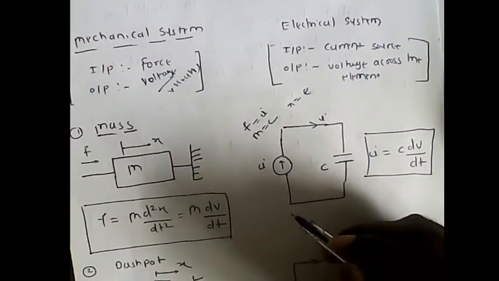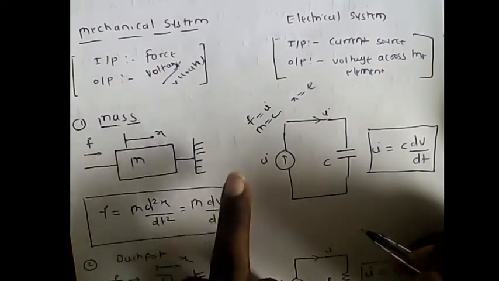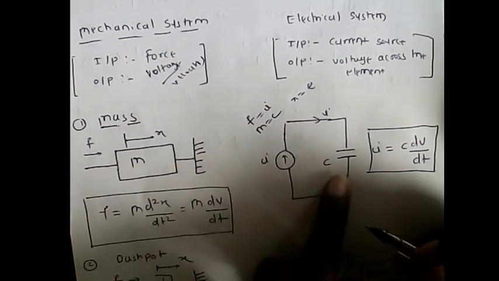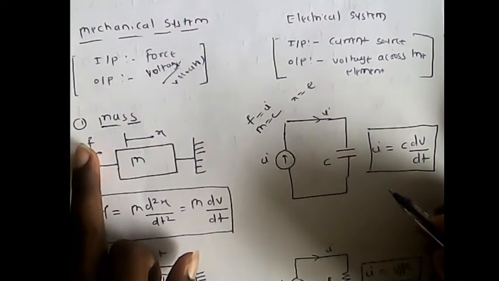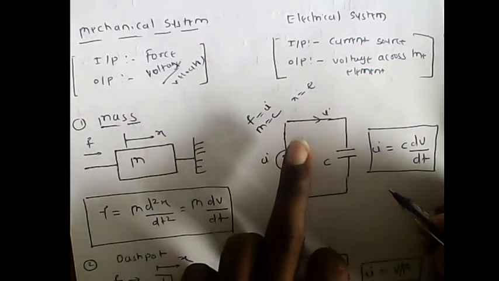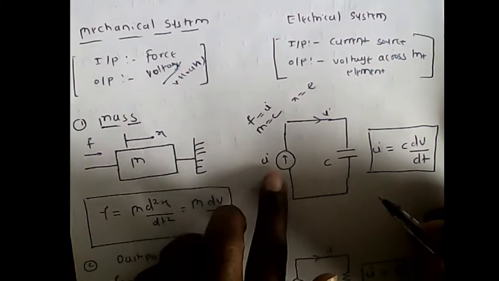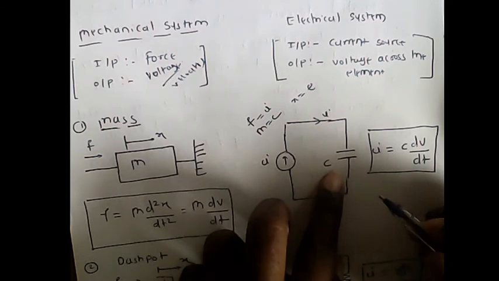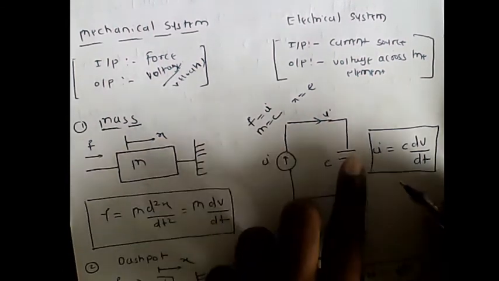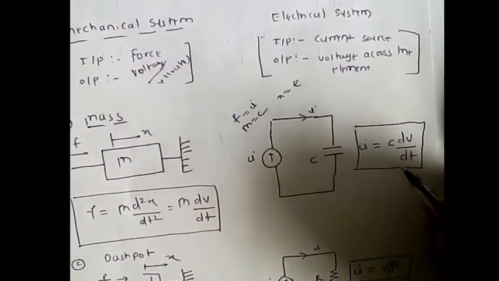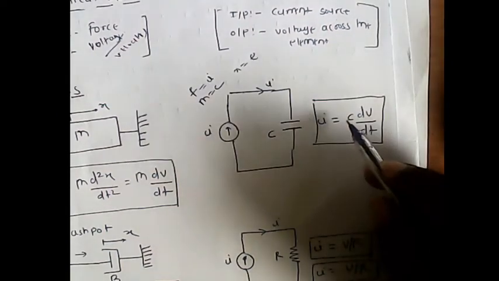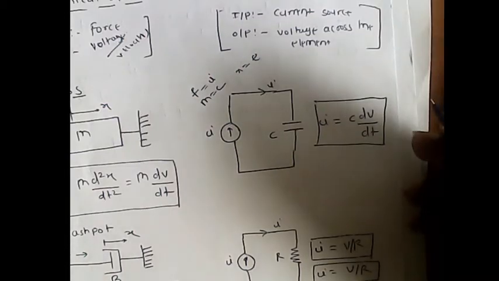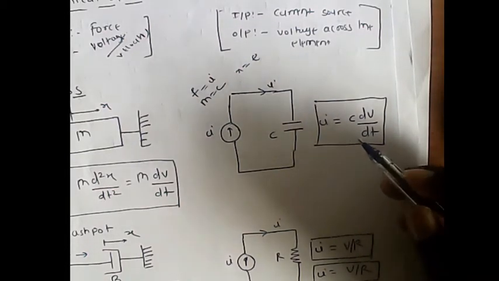So these are the three parameters. So force is converted into electrical current, and the mass is converted into capacitor. So whenever the mass is a basic element, we convert it into an electrical system. So F is equivalent to the current, mass equivalent to the capacitor, and X is equivalent to the electrical voltage. So this can be given as I equal to C dV/dt, where V is a voltage and I is the current flowing through this element.